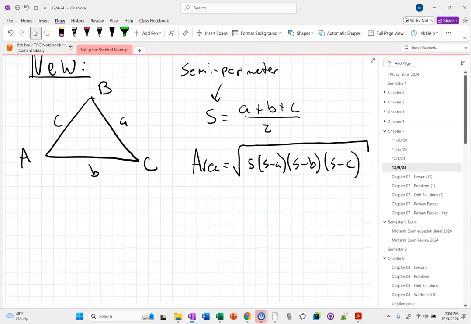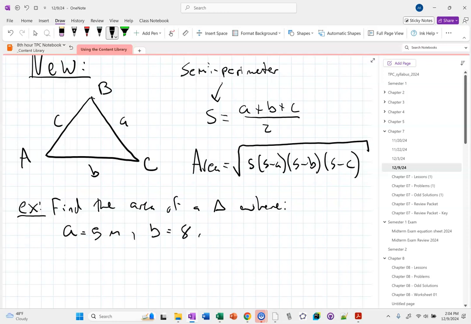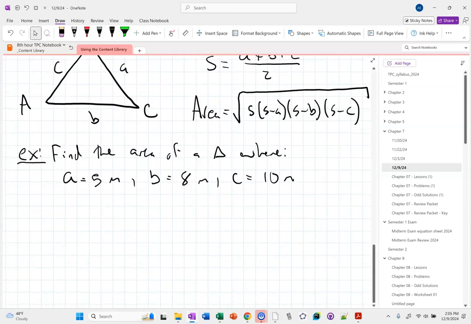So let's do an example here. Say it says find the area of a triangle where A equals 5 meters, B equals 8 meters, and C equals 10 meters.